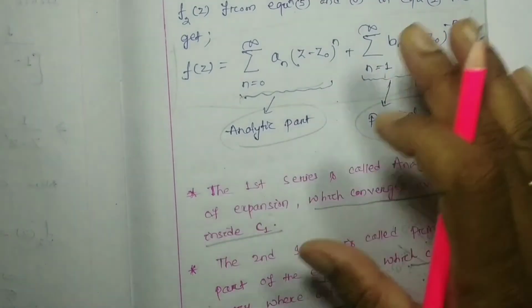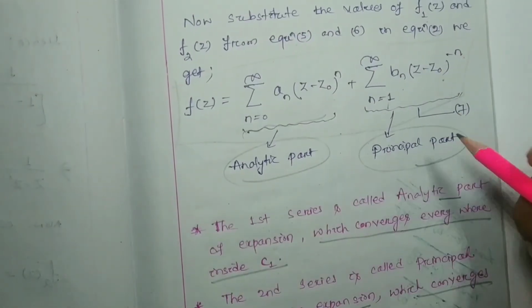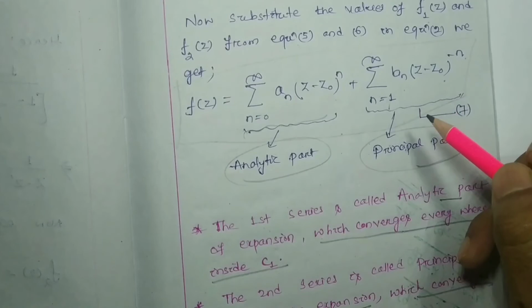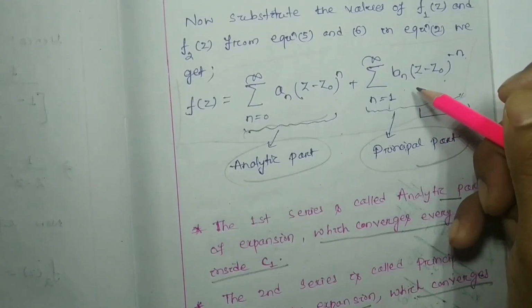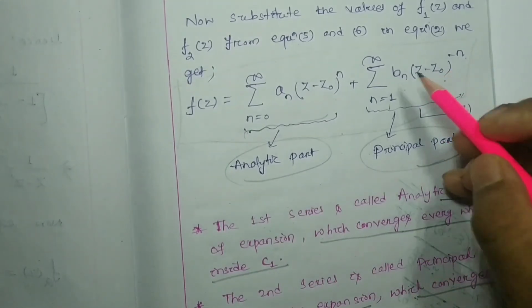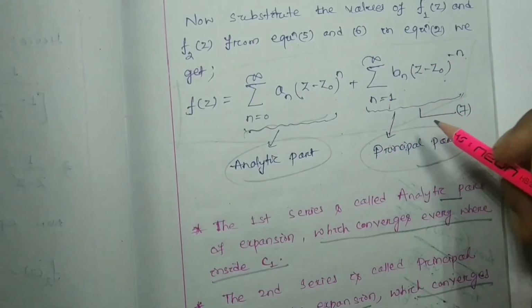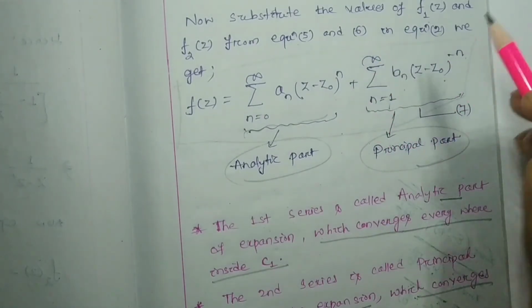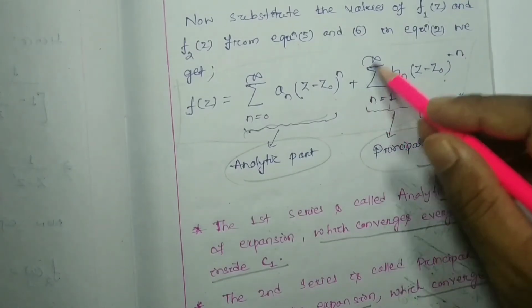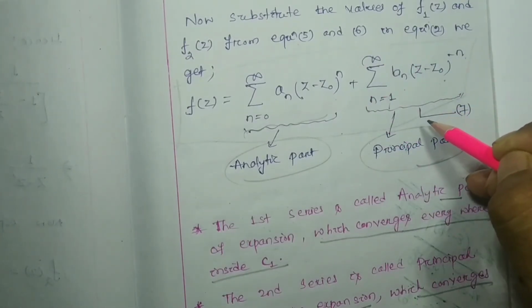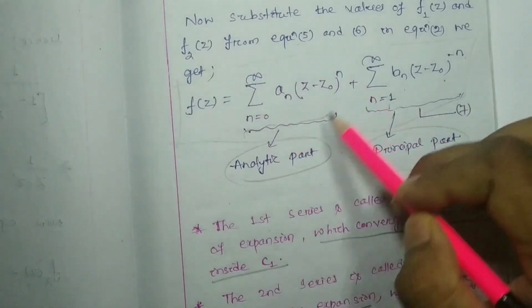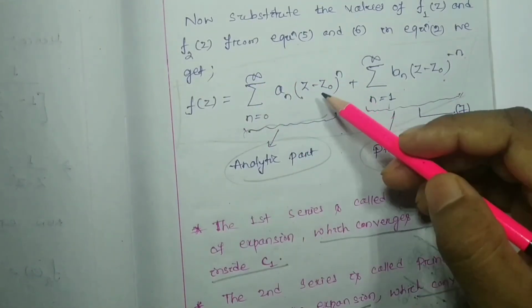So here one thing you can easily perceive: suppose the principal part is 0, suppose the principal part is not there for a function, we are not going to get the principal part, then what does this analytic part represent? It represents the so-called Taylor series.